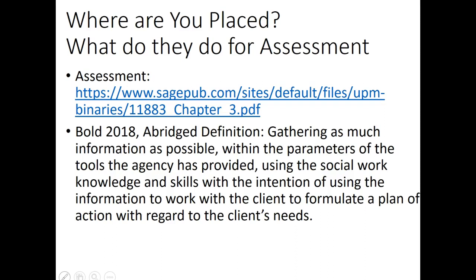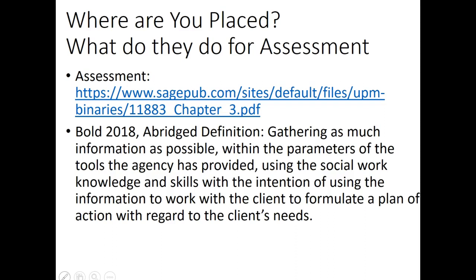Gathering as much information as possible within the parameters of the tools that the agency has provided, using the social work knowledge and skills with the intention of using the information to work with the client to formulate a plan of action with regard to the client's needs.